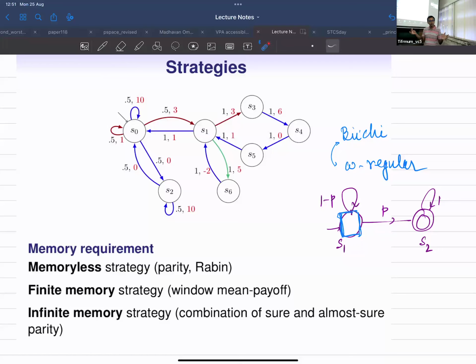If I ask for a single policy which will satisfy, say, a parity P1 like Büchi, let's say I will repeatedly reach this set of states surely, as well as almost surely repeatedly reach this set of states, a combination, a single policy which will satisfy both conditions simultaneously, then that may require an infinite amount of memory for a generic game. Maybe in some game you may not require it, but there can be instances where a generic algorithm may require infinite memory. Is it clear? Good.